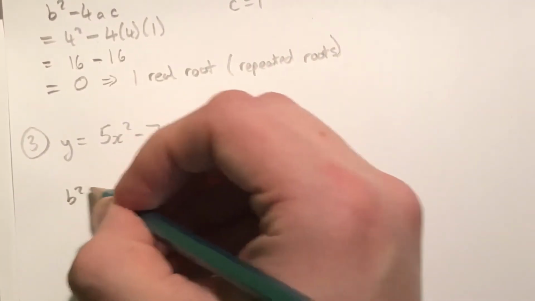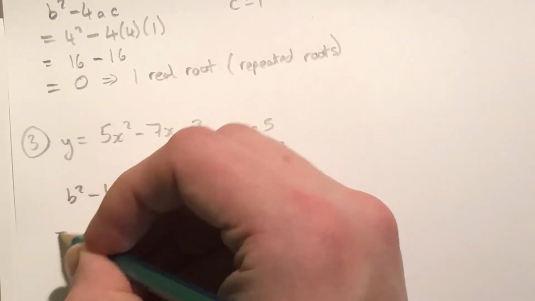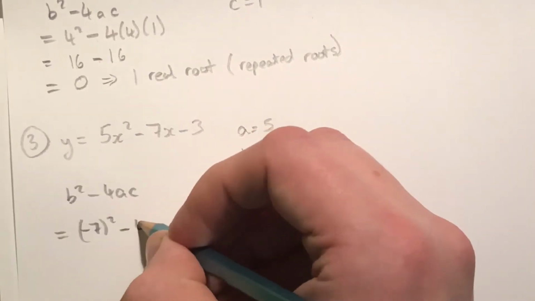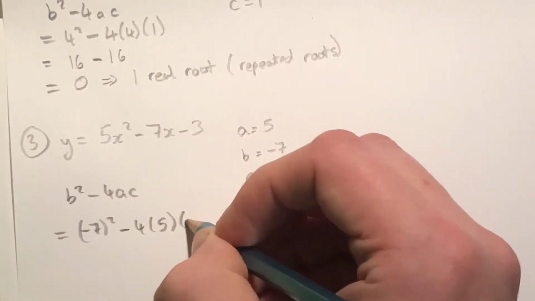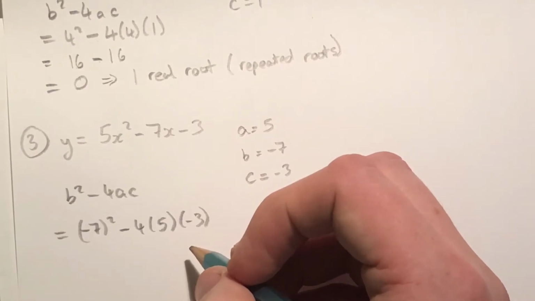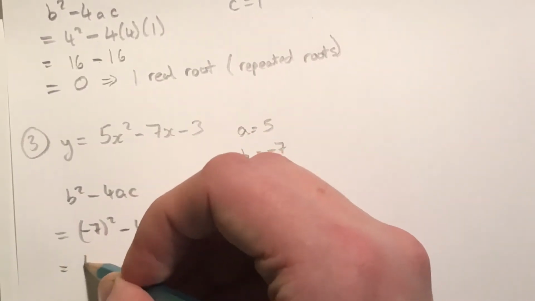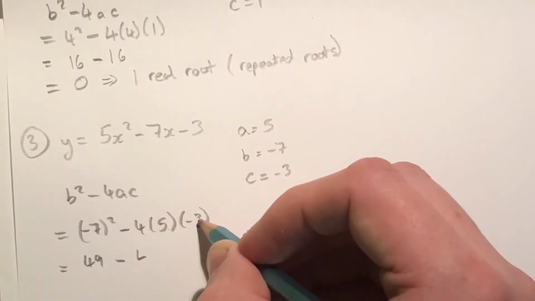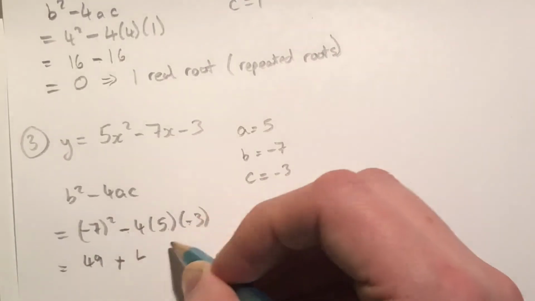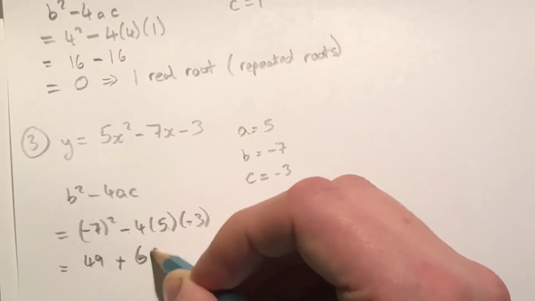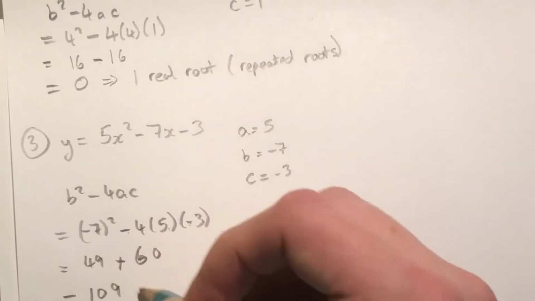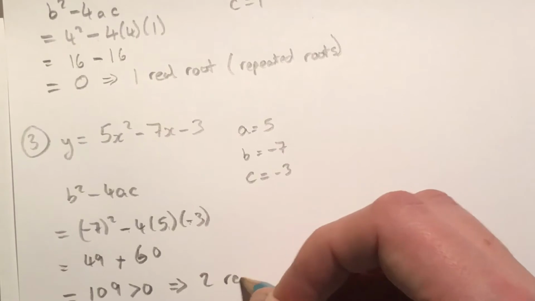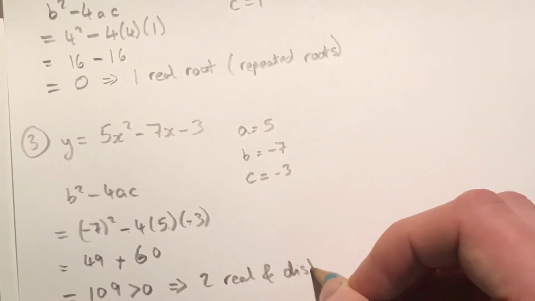So we've got b squared minus 4ac is equal to minus 7 squared minus 4 times 5 times negative 3, which equals 49 minus 4 times 5 is 20, times negative 3. Oh, minus times minus is plus. Right, 4 times 5 times 3 then is 60. And I've caught you all out. 109, which is greater than 0. It's greater than 0 then, so that means it's 2 real and distinct roots.